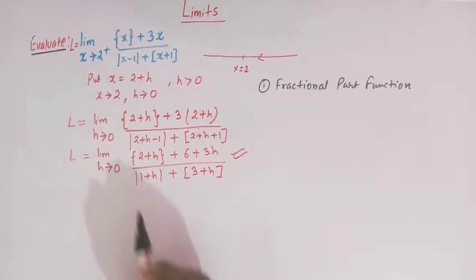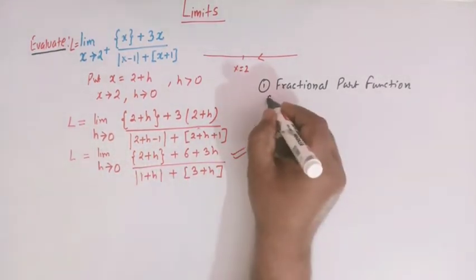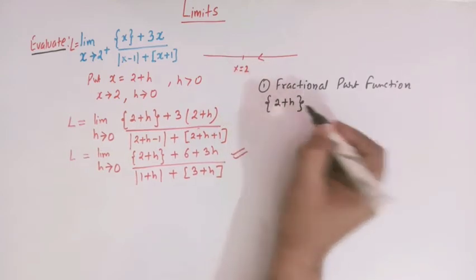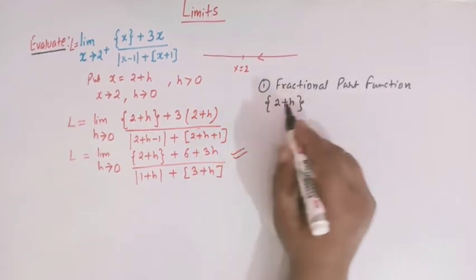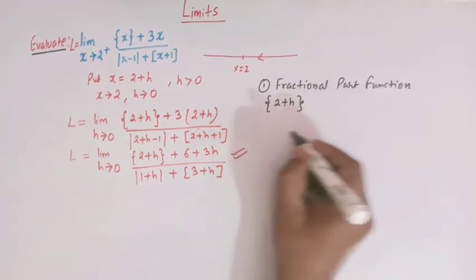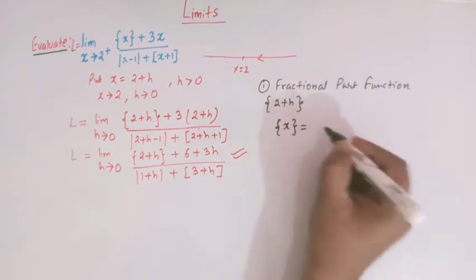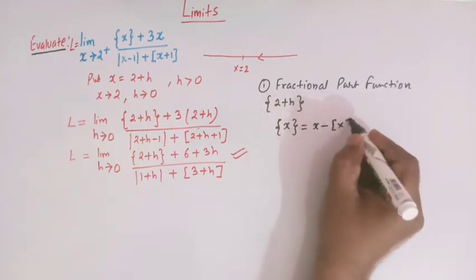Let us first take the fractional part function. Here we have the fractional part of 2 plus h. We know that the definition of fractional part function is that the fractional part of x is given by x minus greatest integer of x.